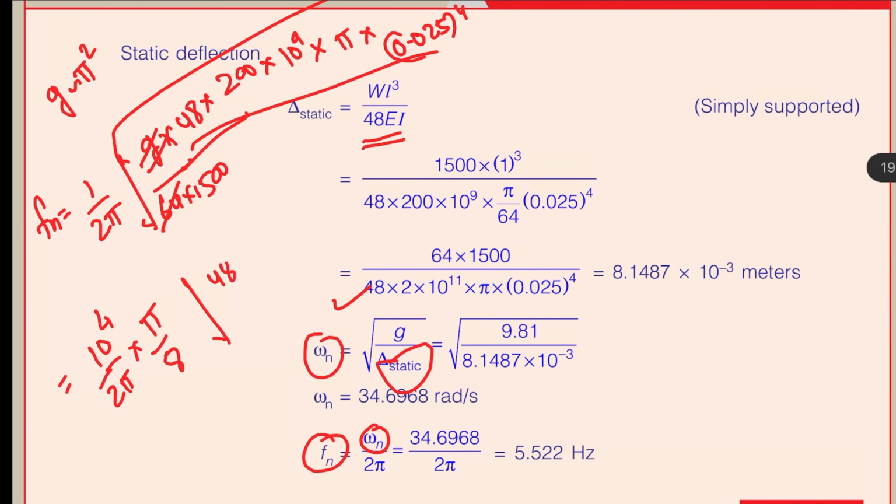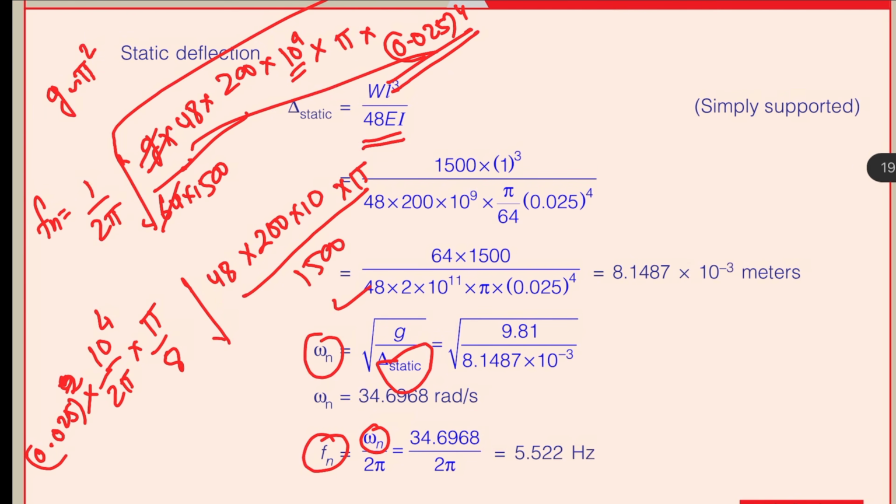So the things that will be inside are 48 into 200 multiplied by 10 from this one, and then there is a pi. Also I can take 0.025 raised to power 2 out, because there is a 4 in the power over here, divided by 1500. This is the calculation that I need to do.